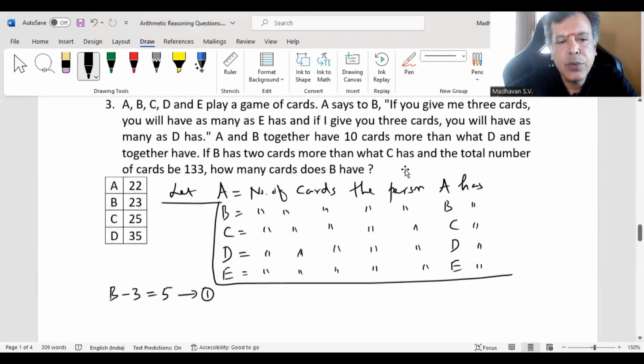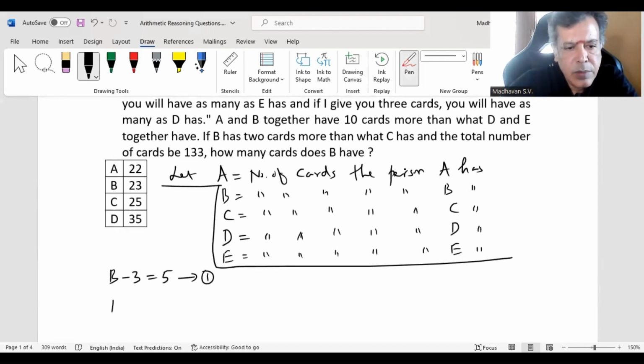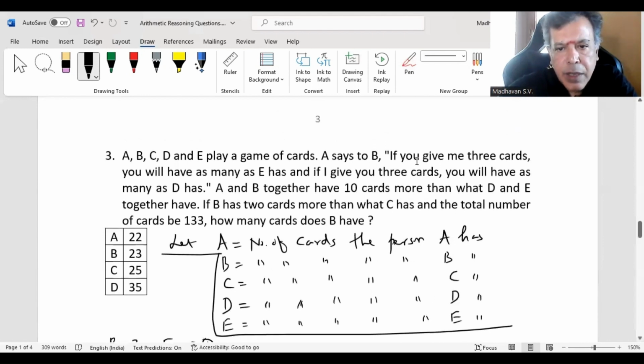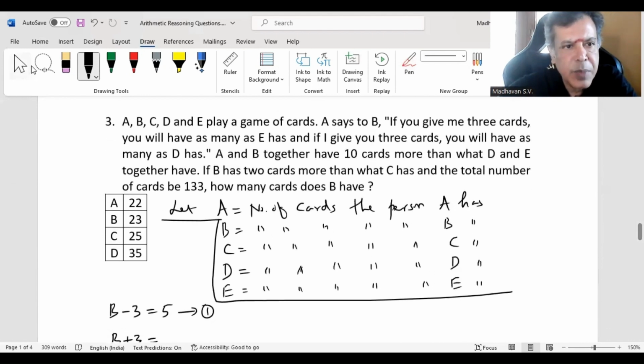And if I give you 3 cards, which means A is adding 3 more cards to B, you will have as many as D has, which means that will become D. Sorry, here they say if you give me 3 cards, you will have as many as E. I'm sorry, it is E.